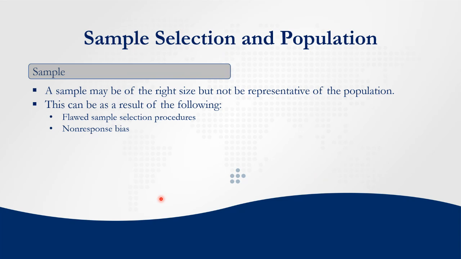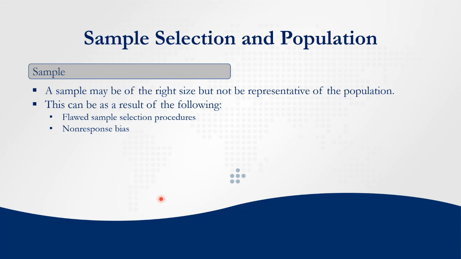As I said, there are two issues here. We have the how many units and the how. In today's session, more focus is on the how, how you get to your participants or the units that you need to select.